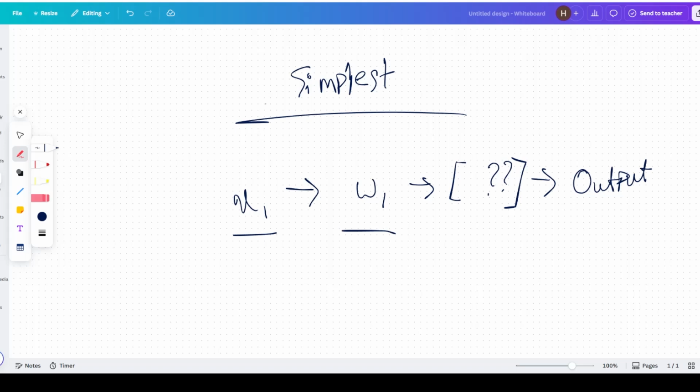Let's say x1 is 3 and w1 is 0.5. What will be our output? Our output will be 1.5, right? So the weight controls how much the input matters.